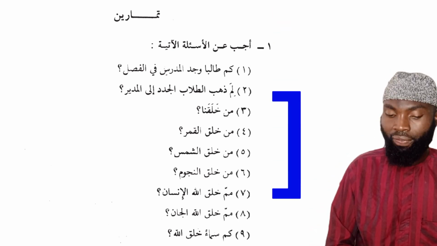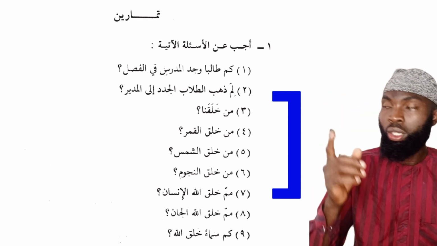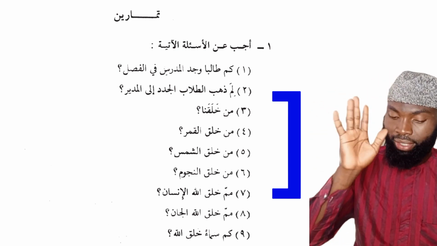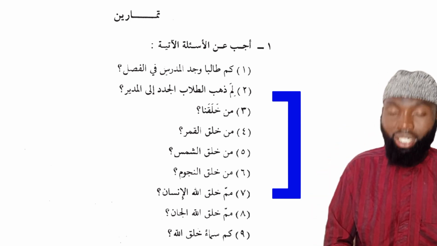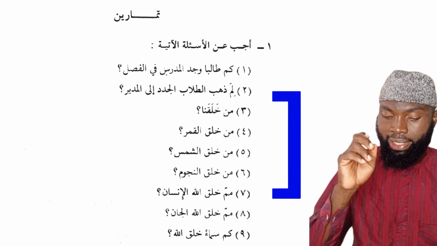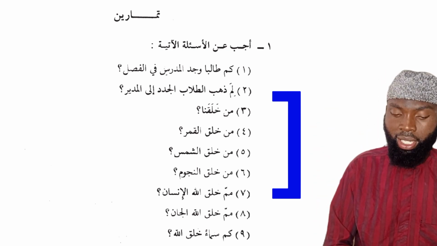قال الله تعالى في كثير من الآيات. Allah says in a lot of verses that he created 7 skies. فقال في سورة الطلاق. In Surah Al-Talaq, Allah says, الذي خلق سبع سماوات. Allah who created 7 skies. وكذلك قال في كثير من الآيات.